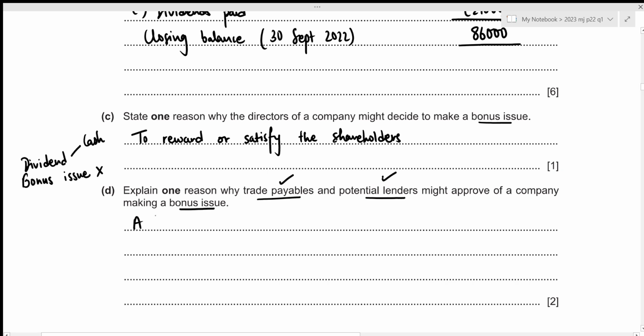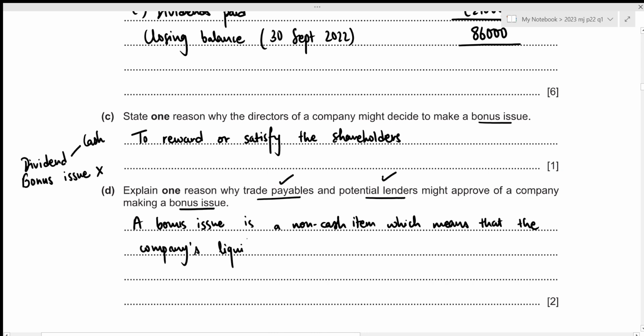Let's write it down. A bonus issue is a non-cash item, which means that the company's liquidity position will be intact.